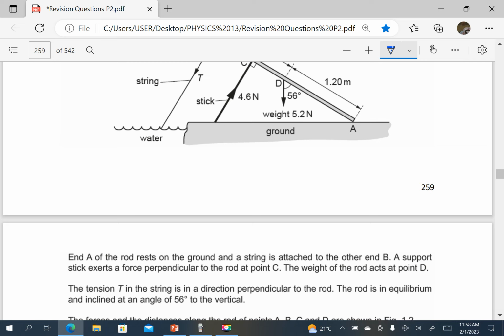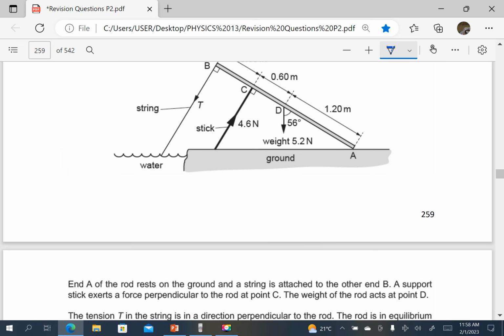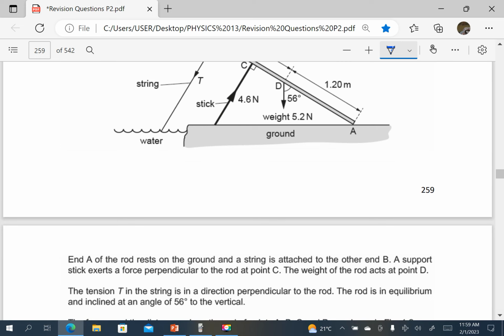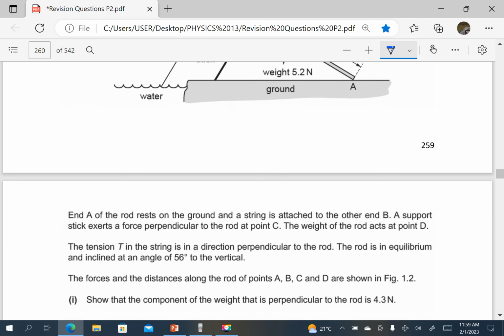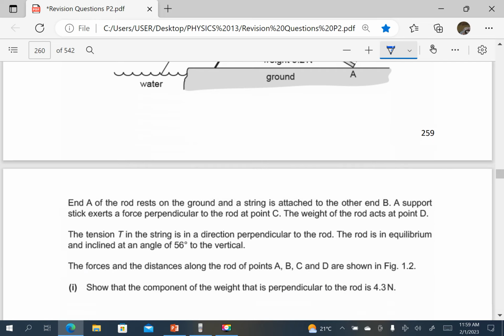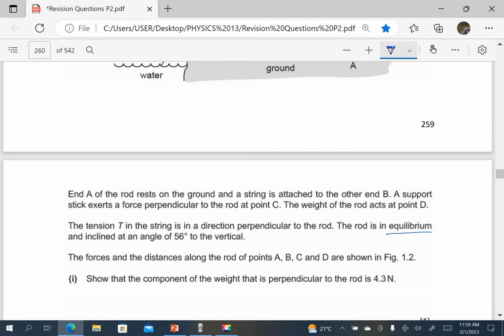End A of the rod rests on the ground and a string is attached to the other end P. A support stick exerts a force perpendicular to the rod at point C. The weight of the rod acts at point D. The tension T in the string is in a direction perpendicular to the rod. The rod is in equilibrium. That means there is no resultant force, there is no resultant moment. It is inclined at an angle of 45 degrees. The forces and the distances along the rod of points A, B, C, and D are shown.